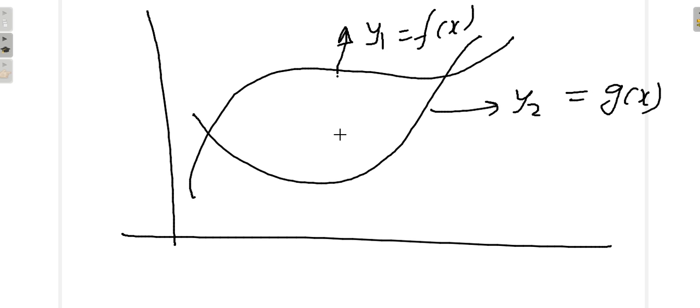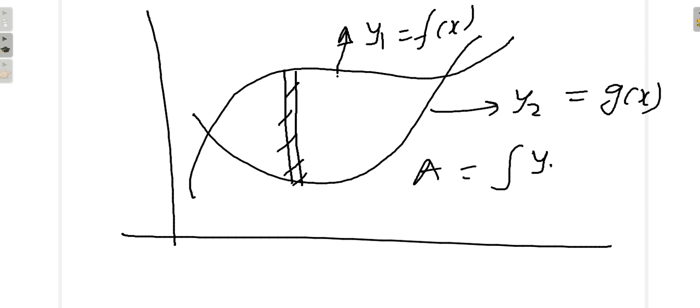Now you want to find area between these two curves, so you want to find this area. So one end of the strip must lie on one curve, the other end must lie on another curve. Now the required area will be given by y1, the upper curve, minus y2, the lower curve. So it is y1 minus y2.